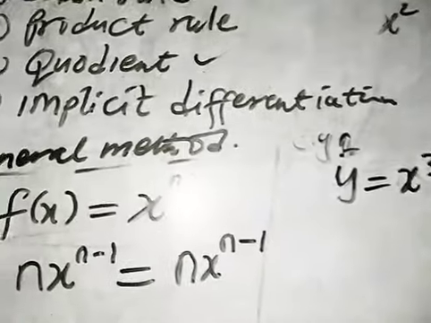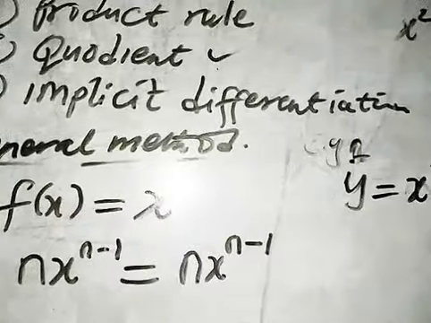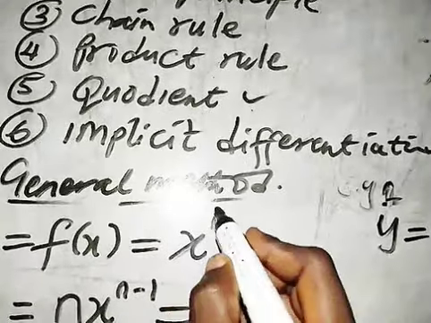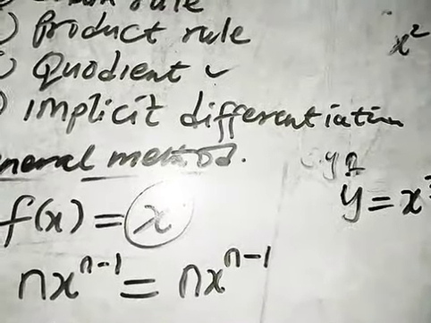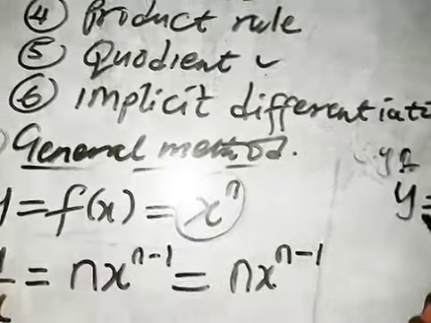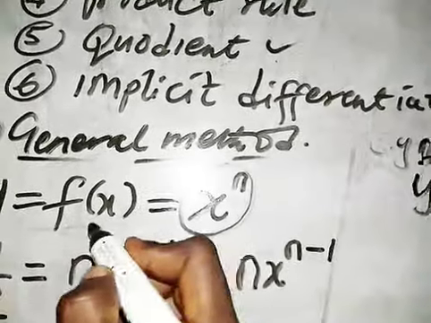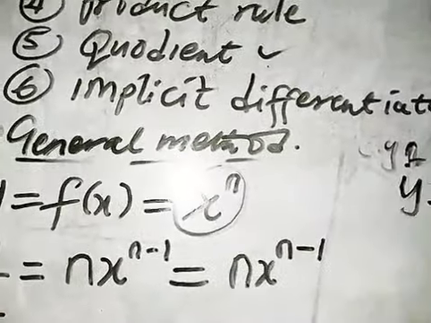Remember that I told you earlier that y is equal to this, so I can say that this x power n is the same thing as x power 3. Sometimes I may replace y with f of x. It's still the same.